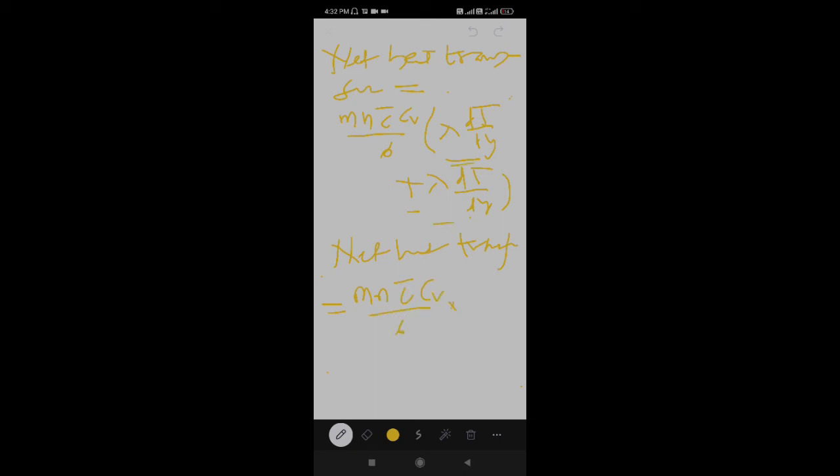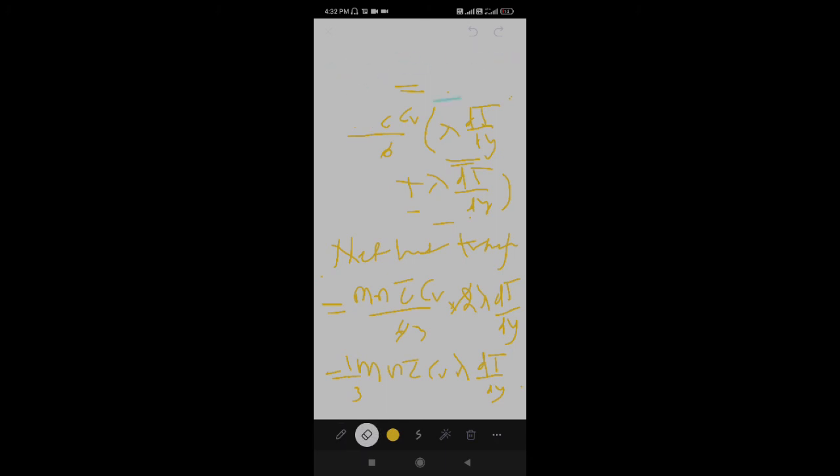Same terms are there twice, so it is 2 lambda dT by dy. 2 threes are 6. So how much you are going to get here? This is net heat transfer, mn c bar cv by 3, or you just write 1 by 3 into lambda dT by dy. This is the net heat transfer.